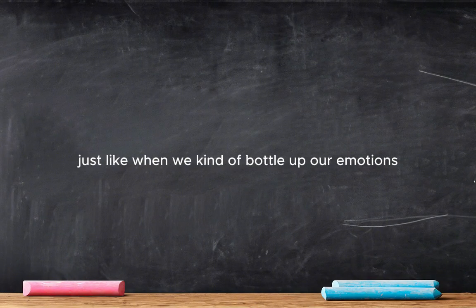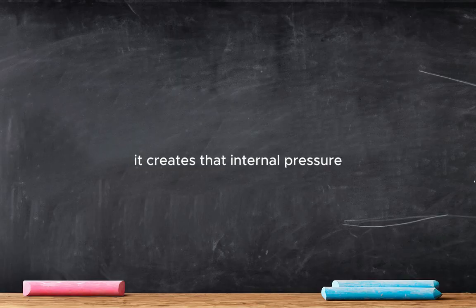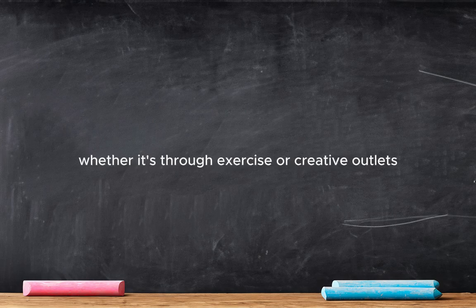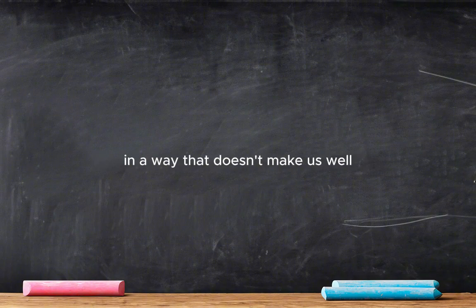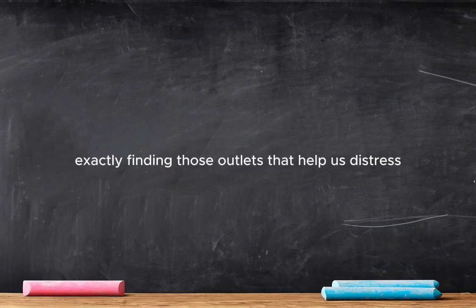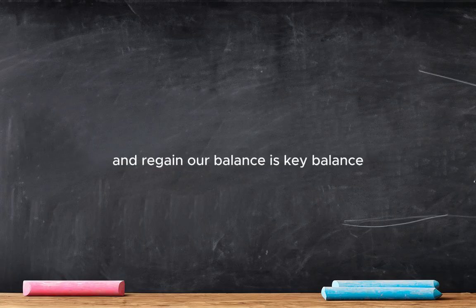Just like when we bottle up our emotions, it creates that internal pressure. So this idiom is about finding those healthy ways to let it out, whether it's through exercise or creative outlets or even a good vent session with a friend. Just let it out. So it's not about avoiding emotions altogether. It's about channeling them in a way that doesn't make us explode like an overheated tea kettle. Exactly. Finding those outlets that help us de-stress and regain our balance is key.